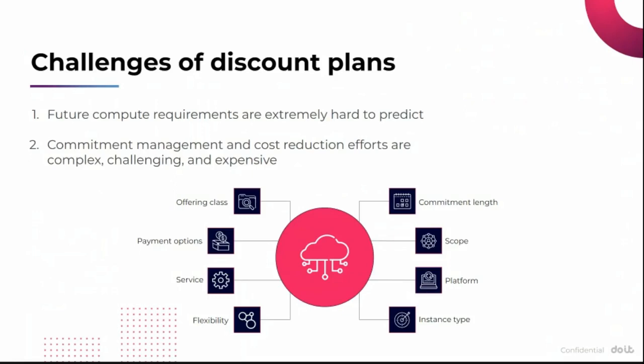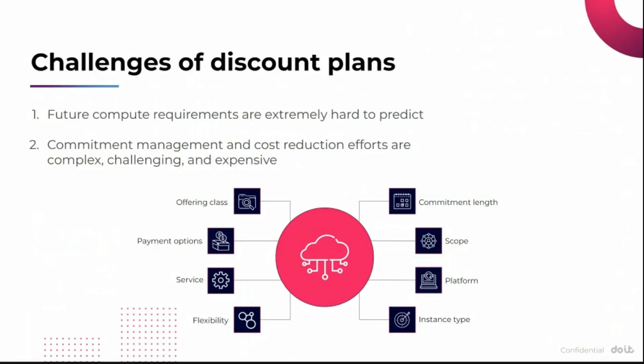And the reason for this is because you have to set your compute usage over that 1 or 3 year term and forecast what machine types you're going to be using, how much of them you're going to be using, what regions. All of these factors have to be considered before agreeing to a commitment. And for young growing companies, this could be a very big challenge because they don't know what their compute costs are going to look like in 3 months, let alone 3 years.